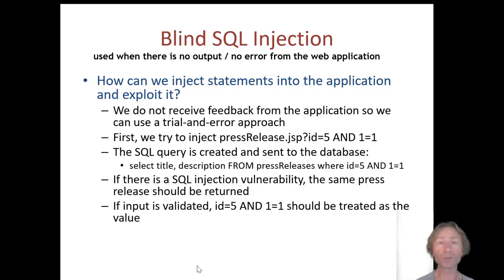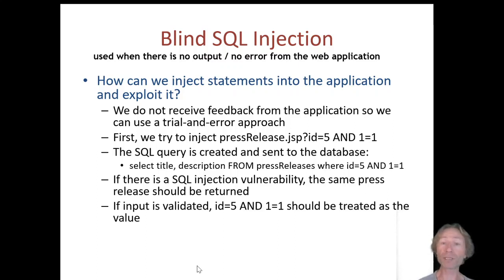So what we're going to do is use a trial and error approach, where we inject something that should work in case of a SQL injection vulnerability, right? So we're going to try looking for press release 5 and 1 equals 1, which, if you're vulnerable, should lead to the exact same press release.